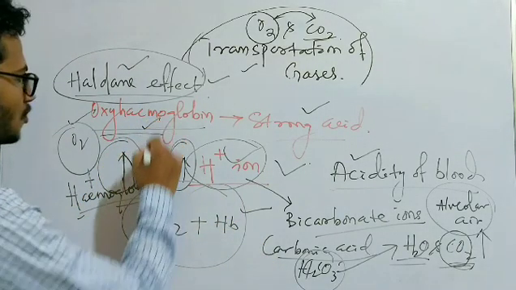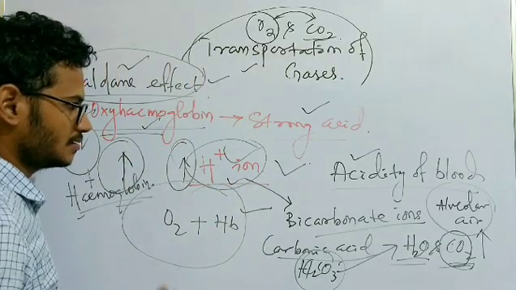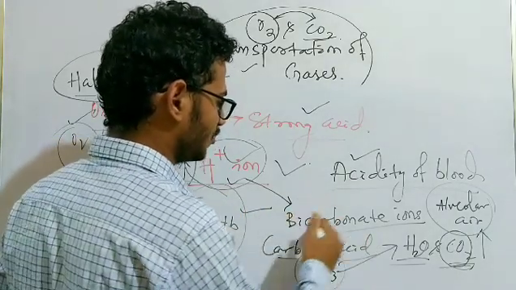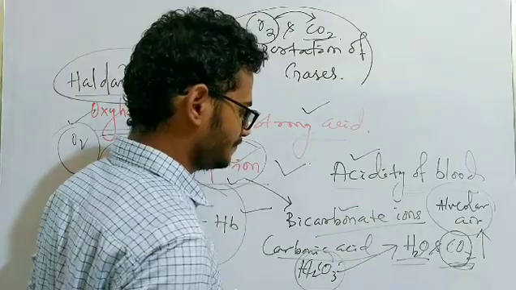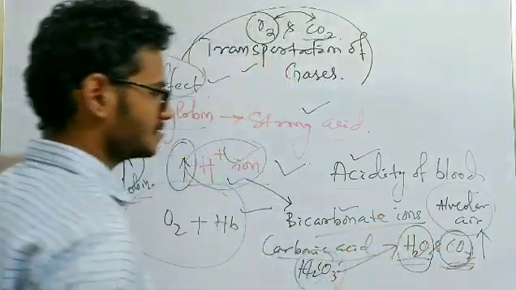The more the oxyhemoglobin formed, the more the hydrogen ion produced in the blood, and they will bind to the bicarbonate ion, and that will result into water and carbon dioxide.